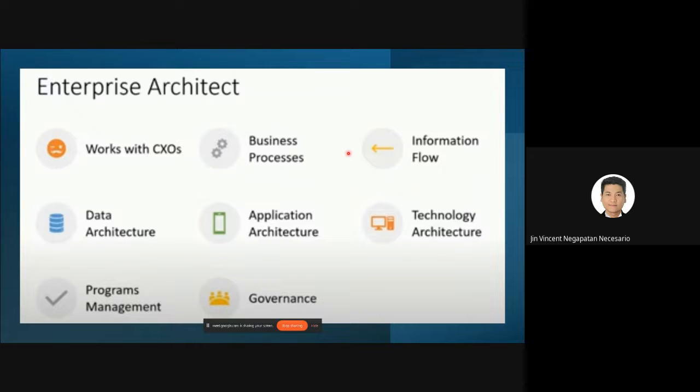And from that information flow, you may possibly create a data architecture. And from that data architecture, you can make a standard, for example GDPR, the data privacy of those customers, how those data are being stored within the database, how it is connecting to other databases, something like that.